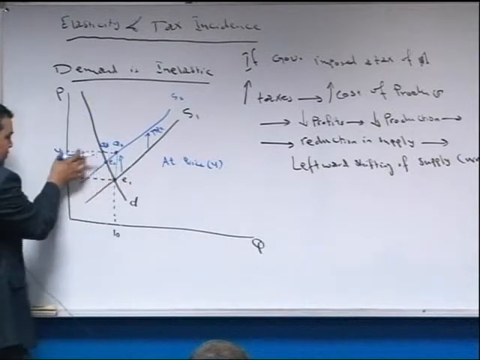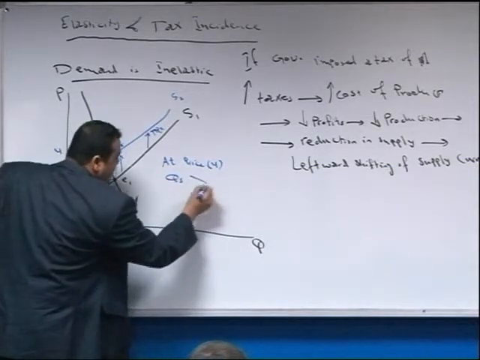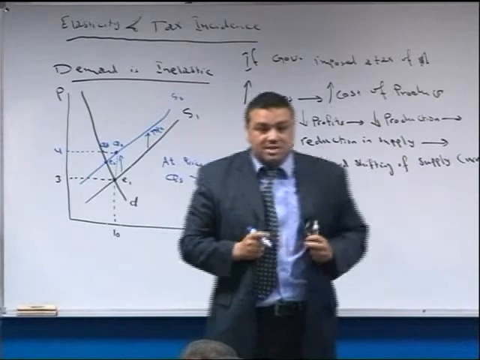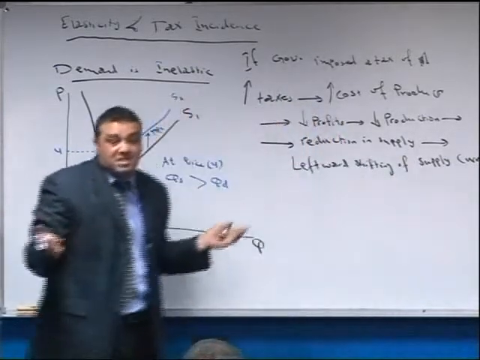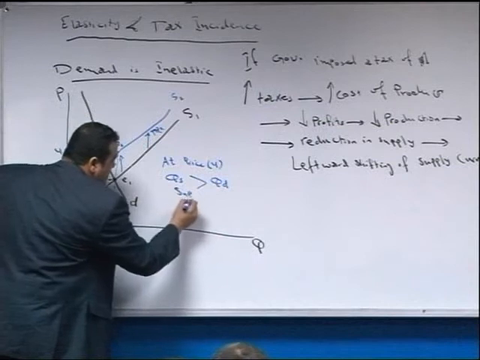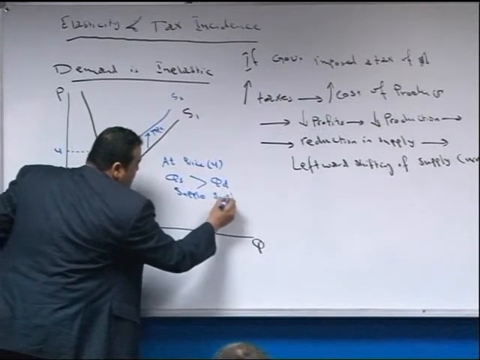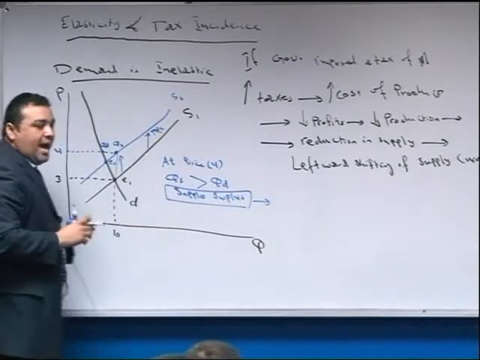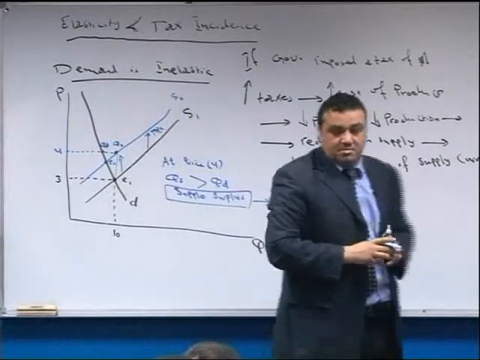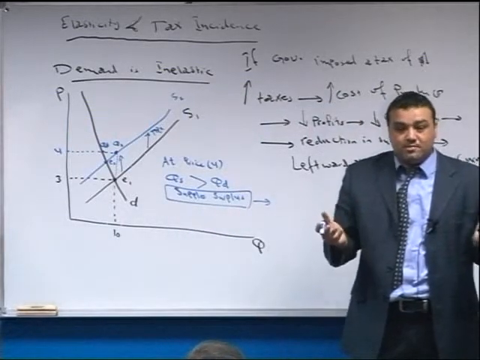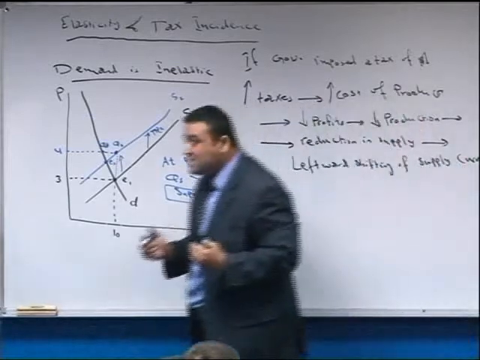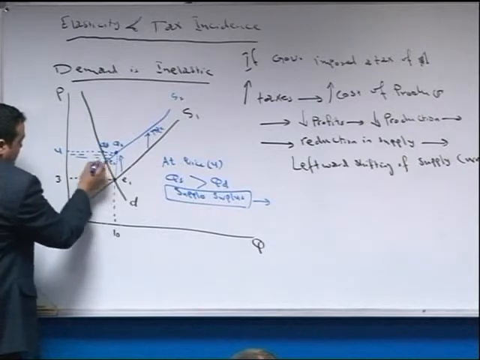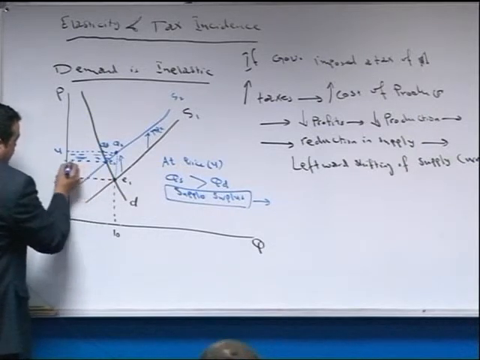In this case, at the price 4, QS is larger than QD. So there is an excess supply of goods, or a supply surplus. If we have a supply surplus or excess supply of goods, the prices tend to decline. So there is a tendency for prices to decline. The prices would decline to restore the equilibrium.